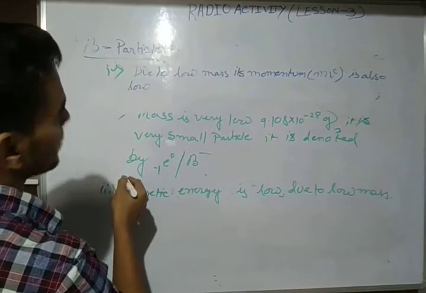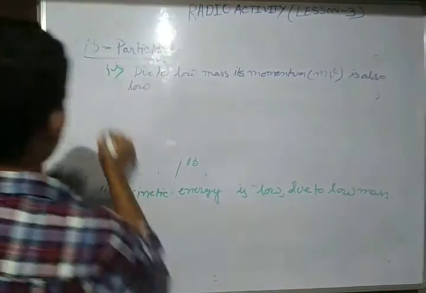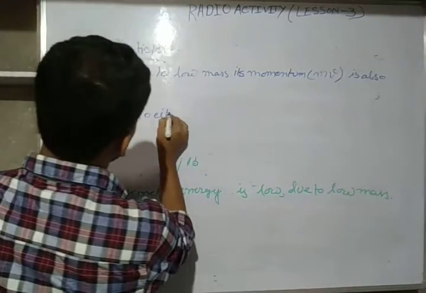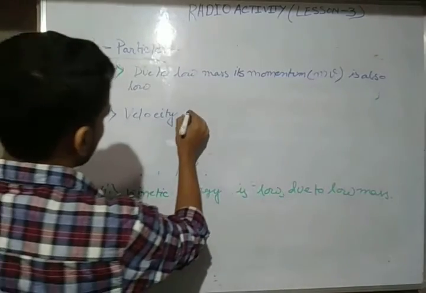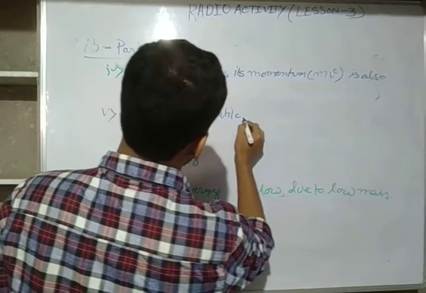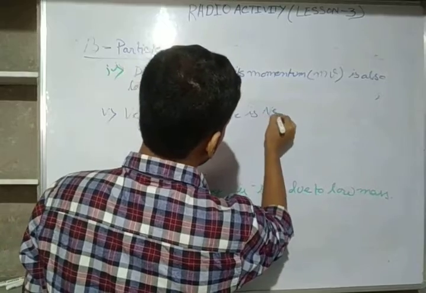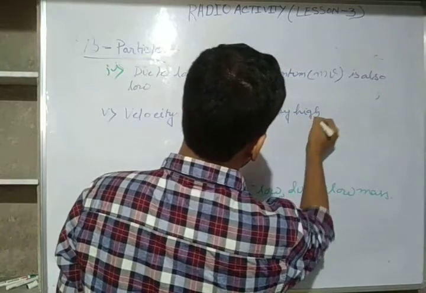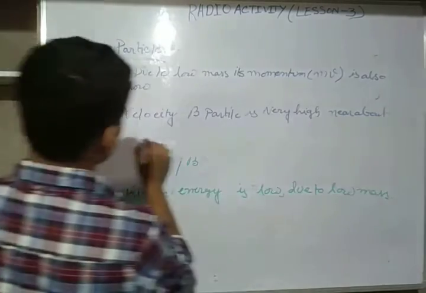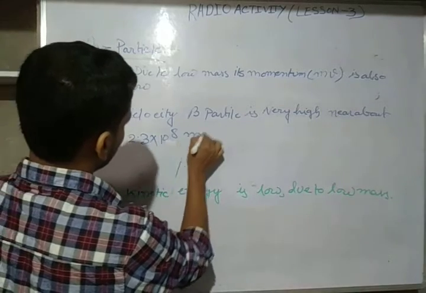Oh, I have not discussed about velocity. Velocity of beta particle is very high, near about 2.3 into 10 to the power 8 meter per second.